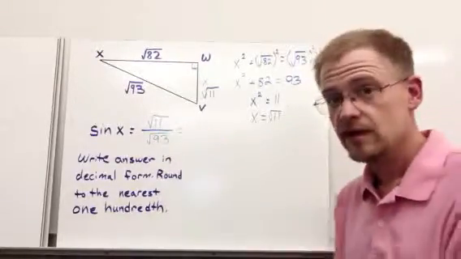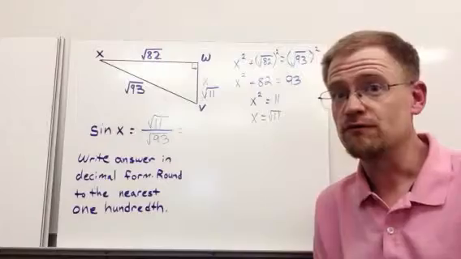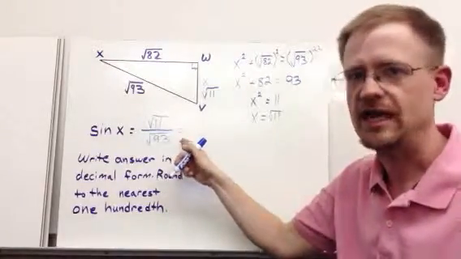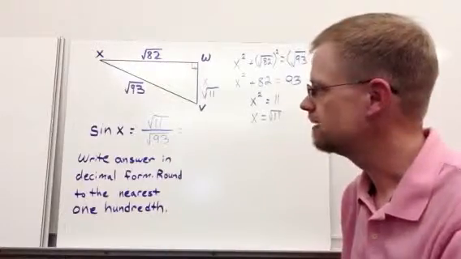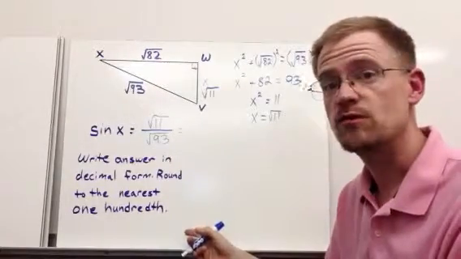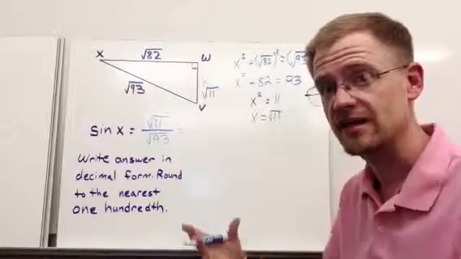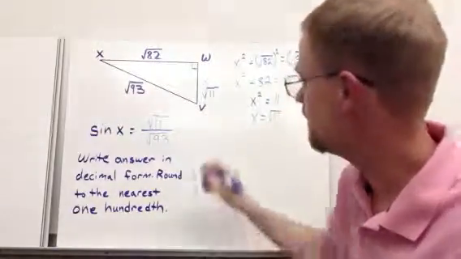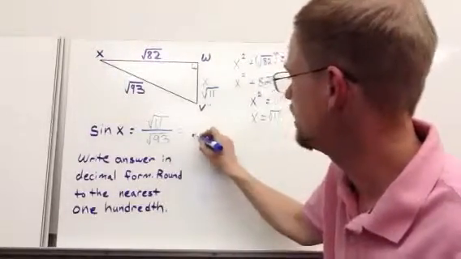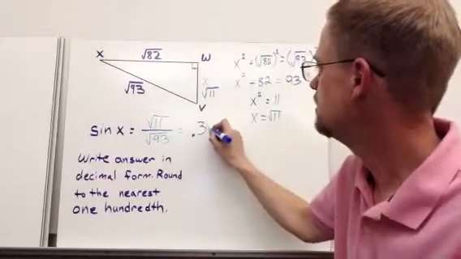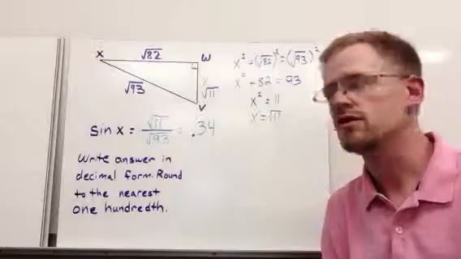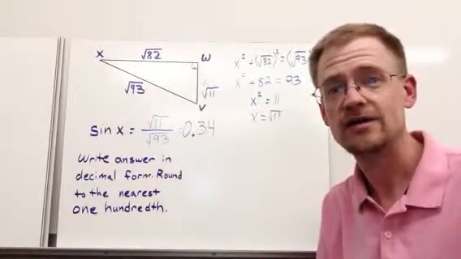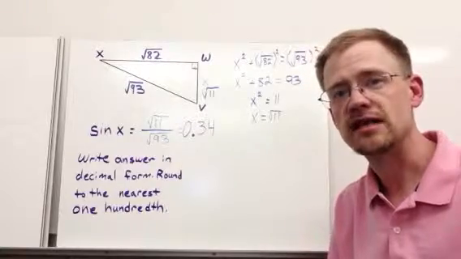Now, if we were talking simplified radical form here, we'd have to take both the top and the bottom times the square root of 93 and then do all our simplifying. But in this case, it just wants it in decimal form. So you just punch it into your calculator and get an answer. And I did go ahead and do that beforehand and found that our sine of x rounded to the nearest 100th is 0.34. Should have a 0 there to be absolutely accurate. Okay, did a few example problems just to kind of help you through.